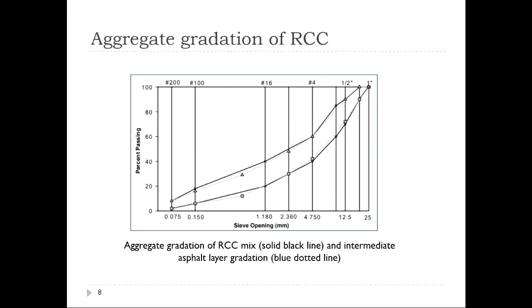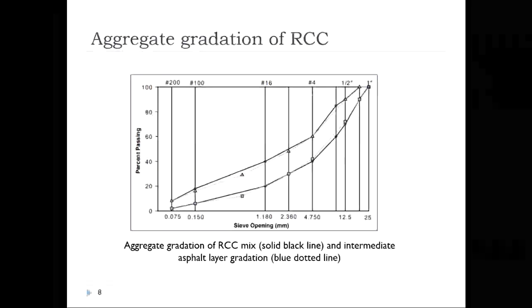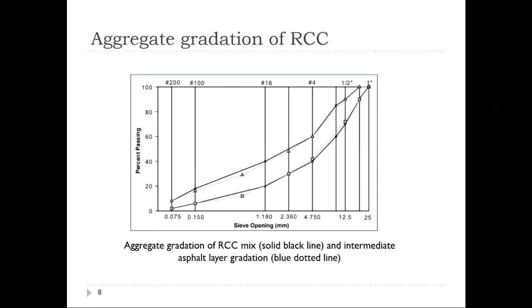Now, let us compare the aggregate gradations. So this is the aggregate gradation for roller compacted concrete mixes. The black line represents the envelope for roller compacted concrete pavement, and the light blue line represents the dense graded aggregate gradation for asphalt mixes.